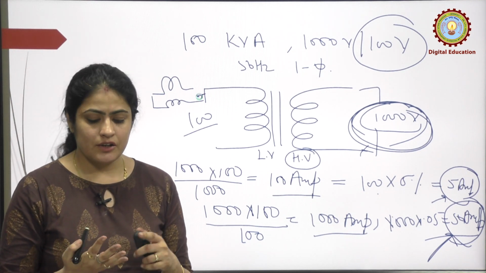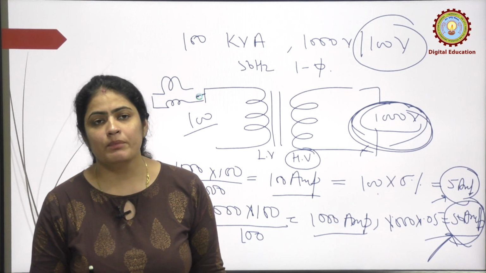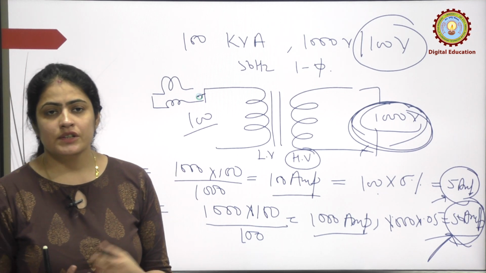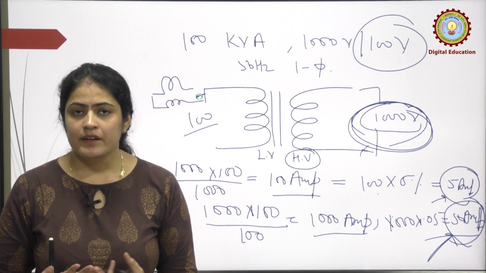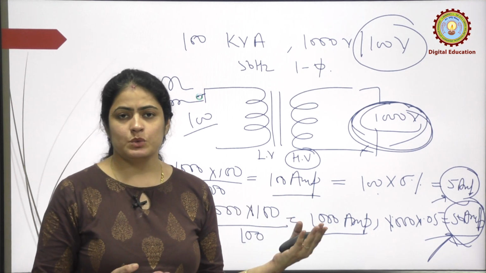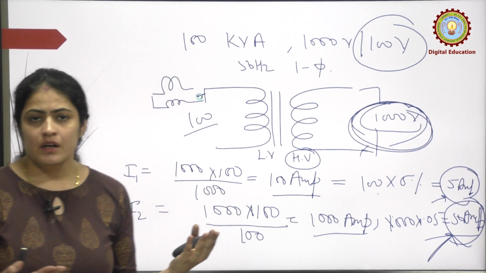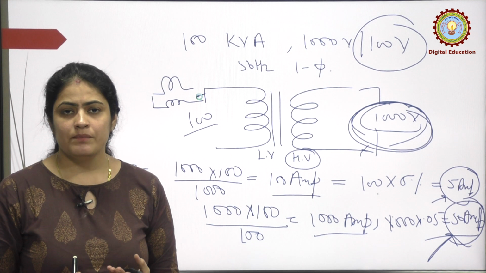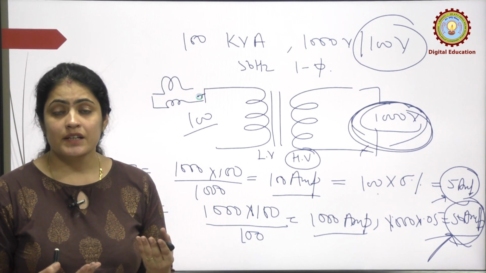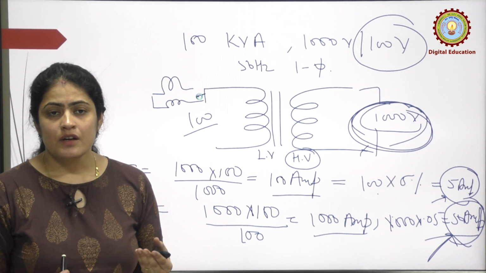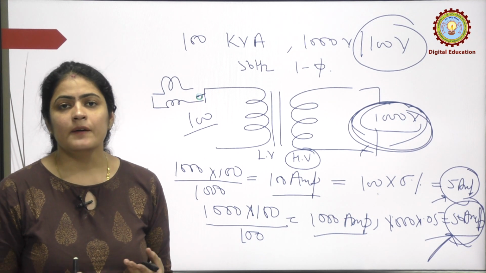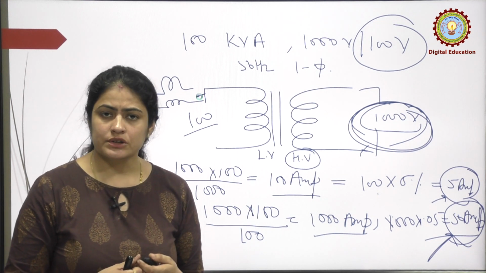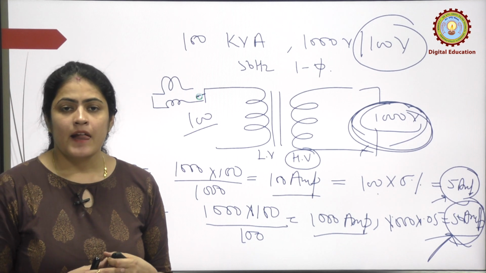So we have seen that in the open circuit test we get the no load parameters and the core loss. In the short circuit test we find R1, X1, R2, X2, that is, the winding resistance and the leakage reactance. And second, from the short circuit test we get the copper losses.